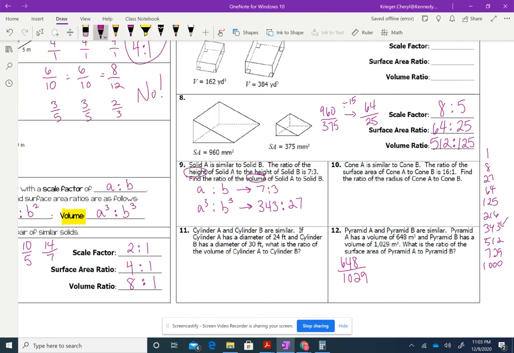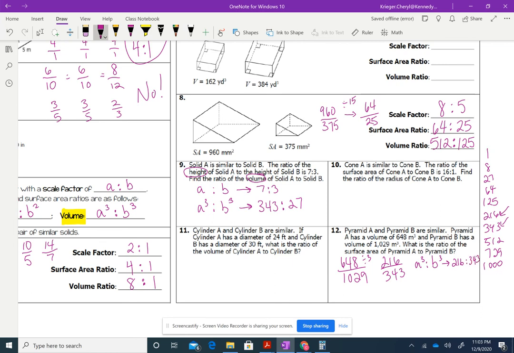That's another one. Okay. So we're dividing both of these numbers by 3. And we get 216 over 343. Okay. So that wasn't too bad. So that is A cubed to B cubed is 216 to 343.